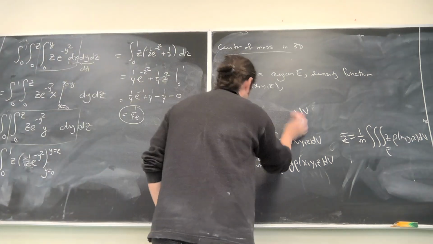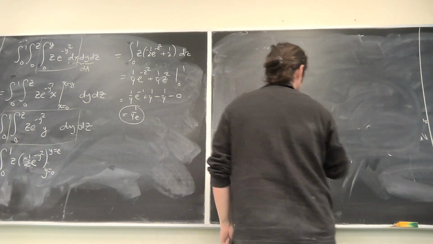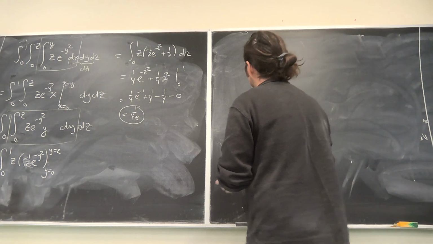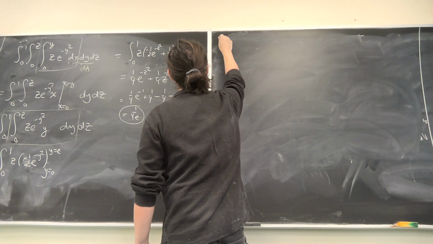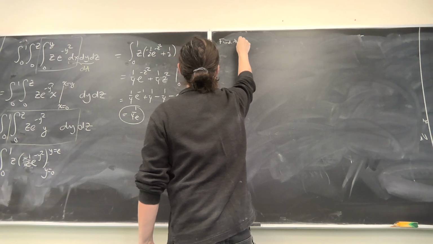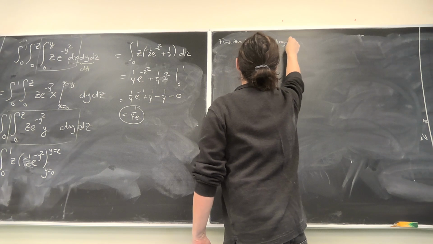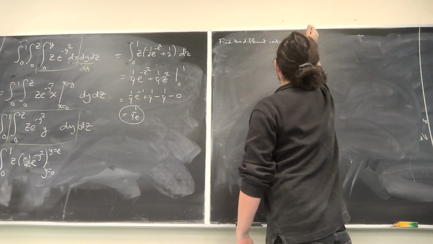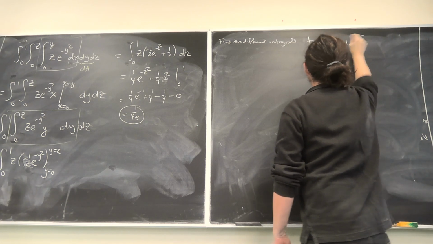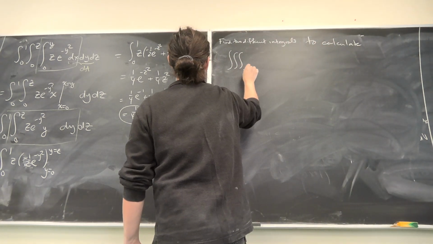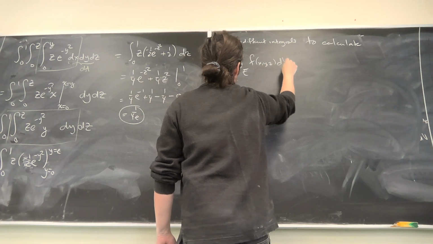If instead I gave you a more typical question, like an exam level question even, so not even that hard, I could say something like: find two different integrals expressing, or to calculate, the triple integral over E of a function f of x, y, z dV.